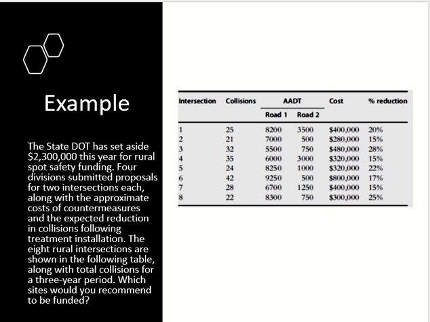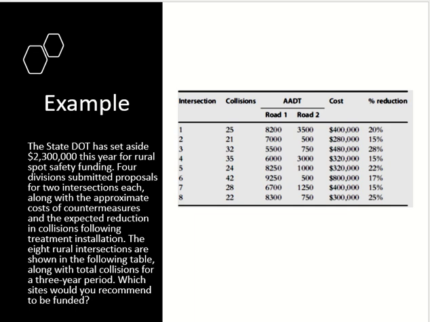State Department of Transportation has a budget of $2.3 million for a rural spot safety program. So in an area they got the funding of $2.3 million to improve the sites. 4 divisions are submitting the proposal, for 2 intersections each.